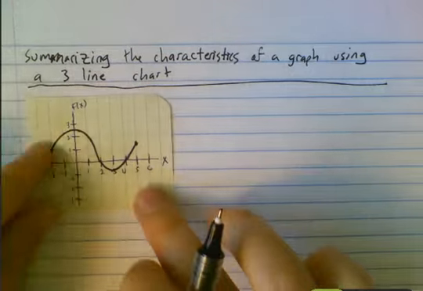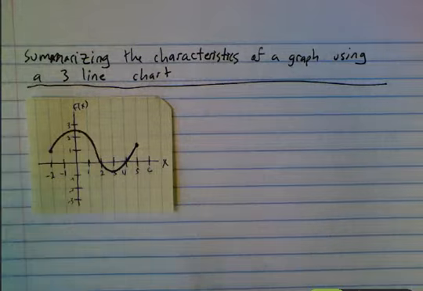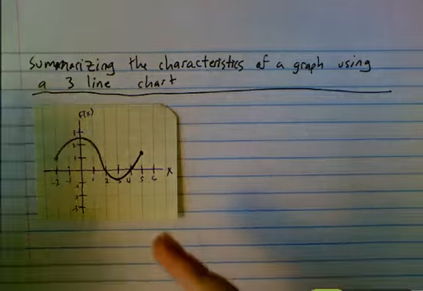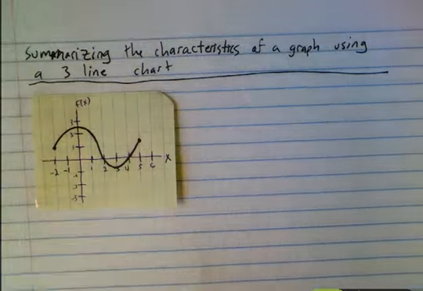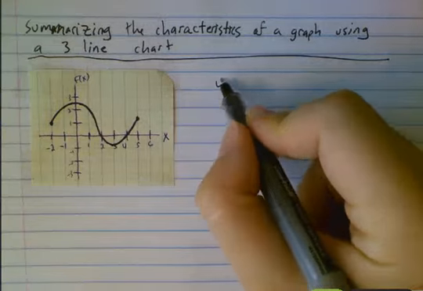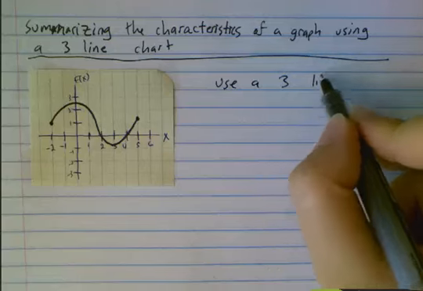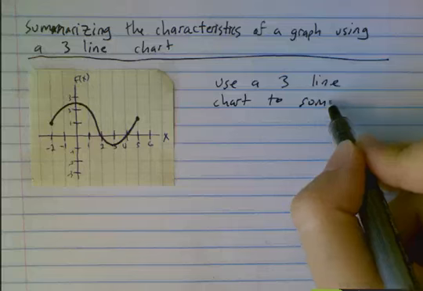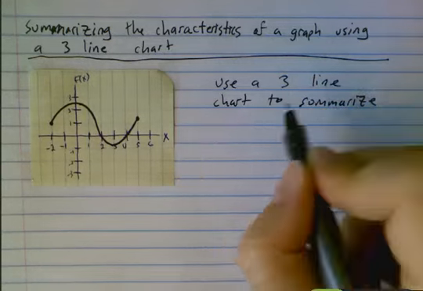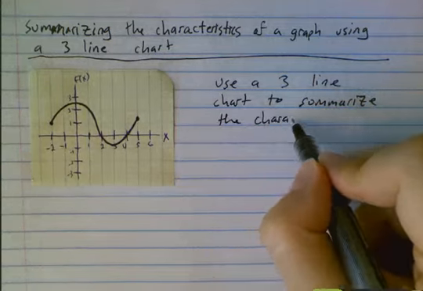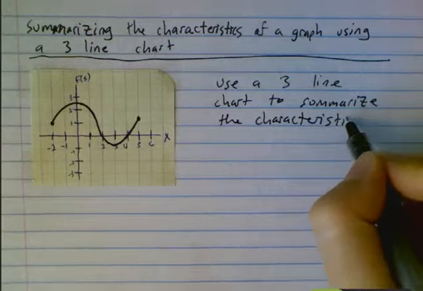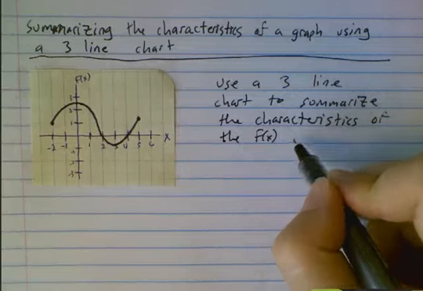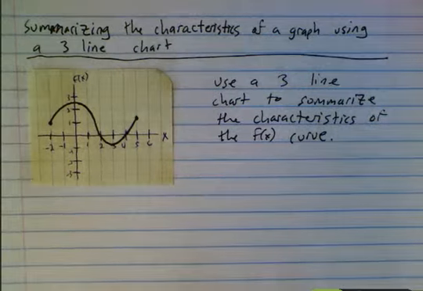So let's just take a little function here. Let's call this f of x. And let's use a three-line chart to summarize the characteristics of the f of x curve.